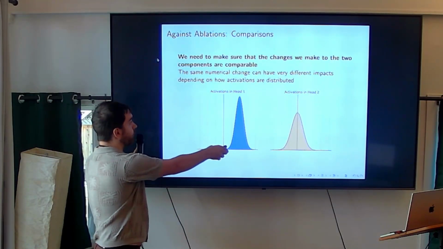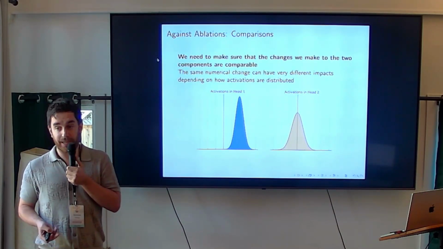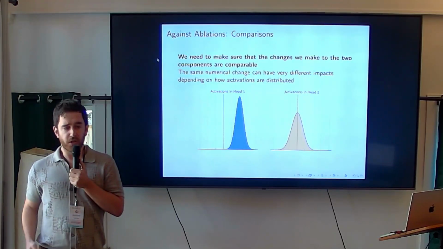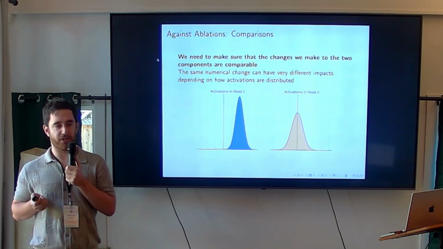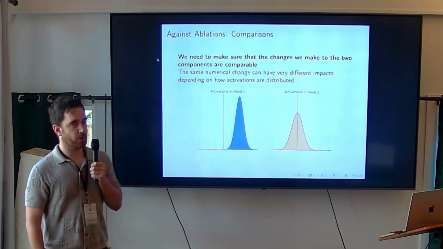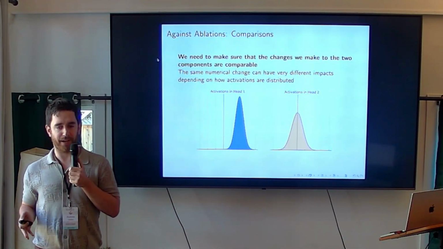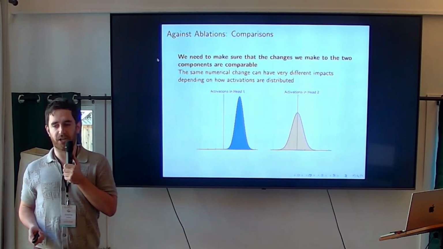Because you really mangled head 1 and you didn't do that much to head 2. If you mean ablate, it's the same issue because the variance here is different from the variance there. So there are some ways to get around this, but a lot of ways for doing ablations have this sort of issue where you don't know what this distribution is and you want to modify it, but if there's two unknown distributions, how do you know you're making the same change in both places?